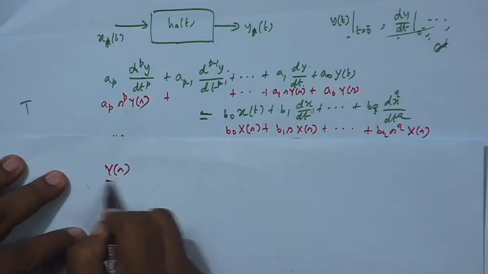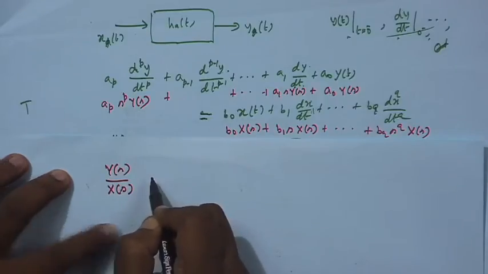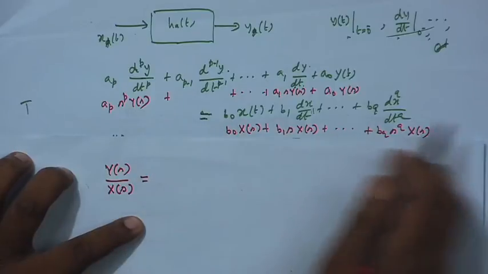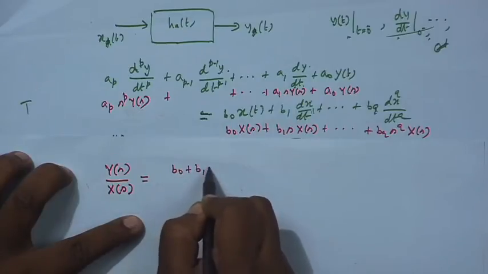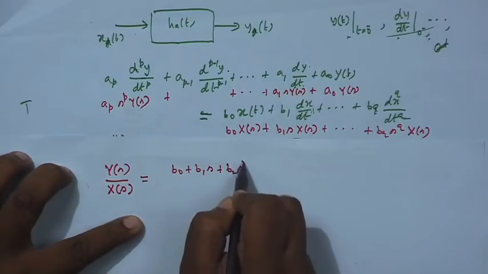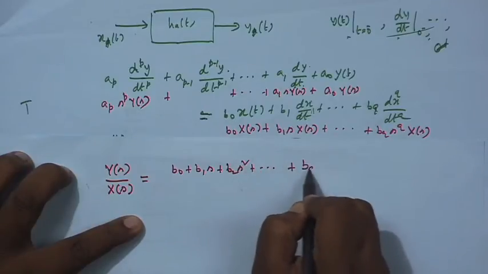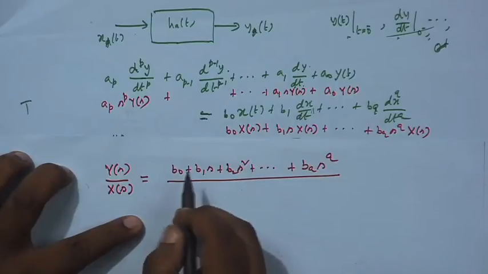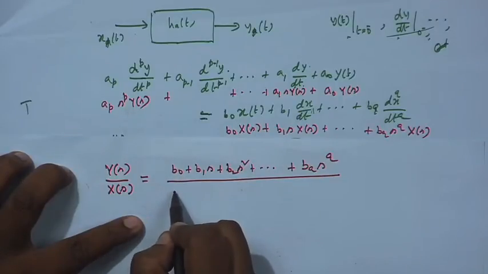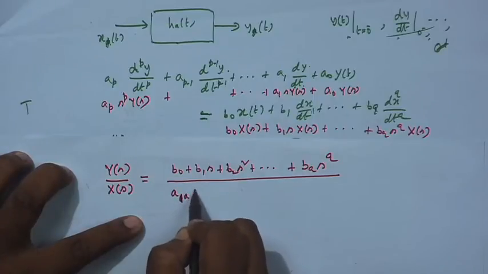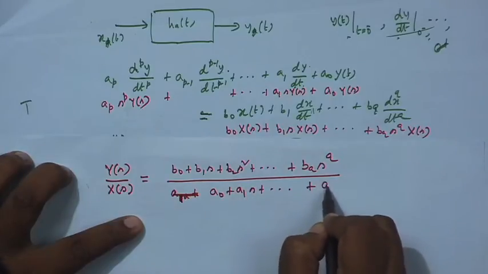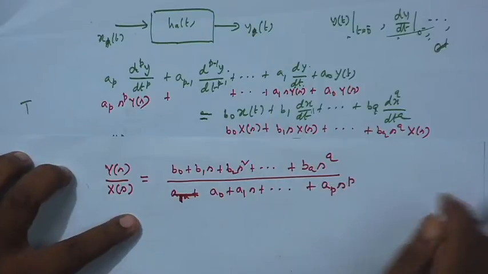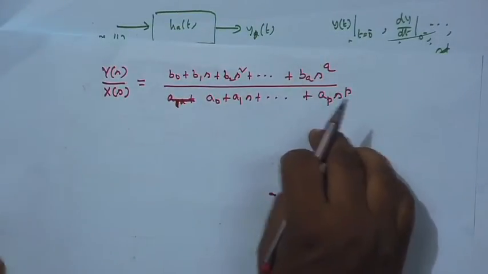You take the ratio, and you have Y(s) by X(s) equal to a numerator over a denominator starting with A0. So it is a ratio of two polynomials in s, that is why it is a rational form.